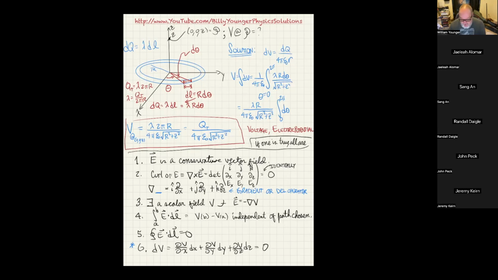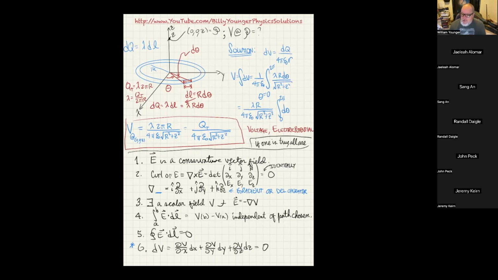So you're always going to try to find some sort of source like that. If it's uniformly distributed, that just means that one of those values, lambda, sigma, or rho, is a constant. And since it's a constant, that means you can take the total charge divided by the total length in the case of lambda, or the total charge divided by the total surface area in the case of sigma, or the total charge divided by the total volume in the case of rho.